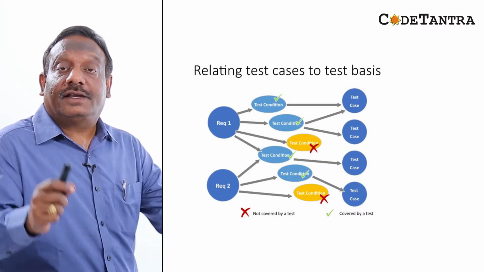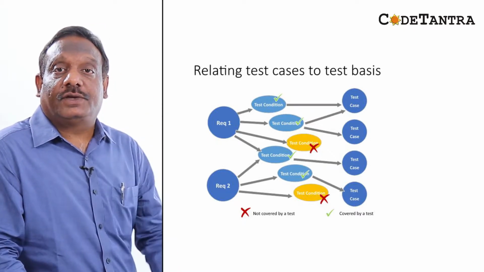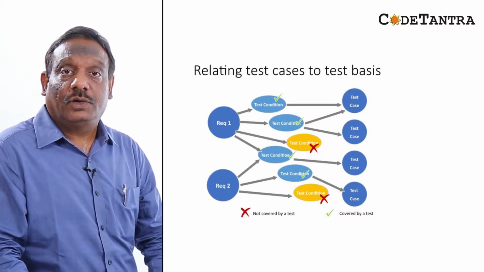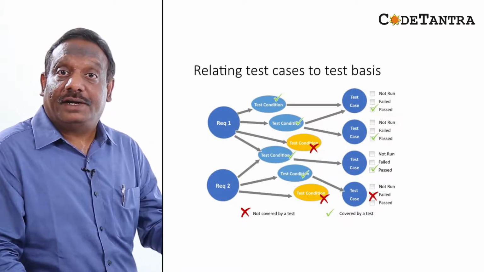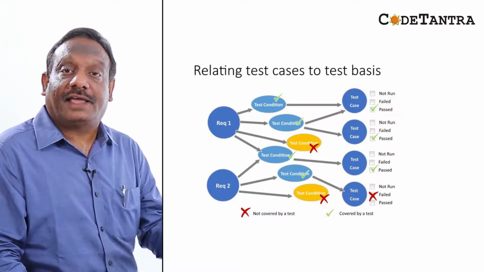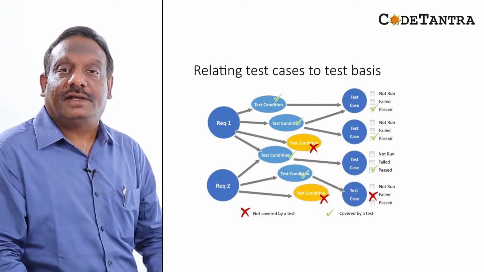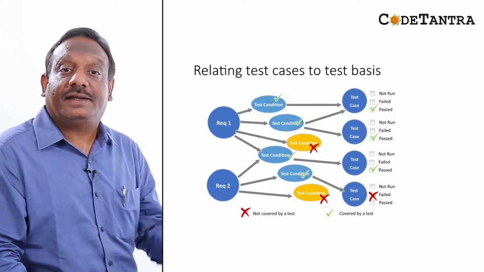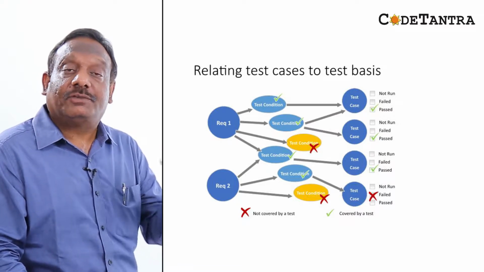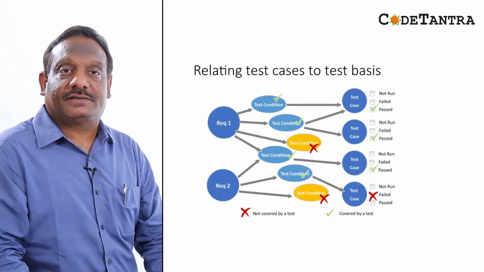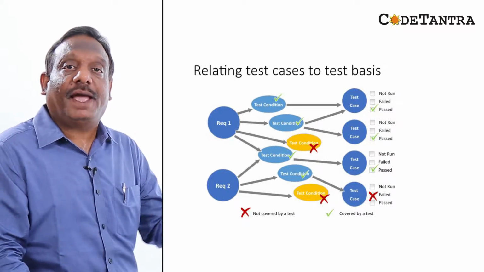After executing, this is the status you have identified. The first test case has been run and passed, the second test case has been run and passed, test case 3 has been run and passed, and test case 4 has been run but it failed. This is the status you have observed and linked back.